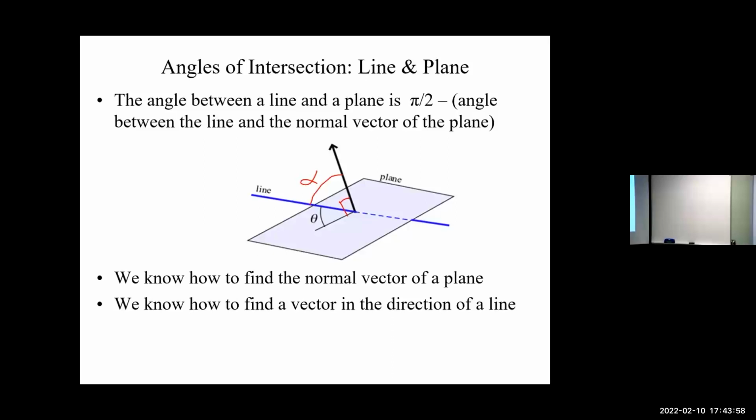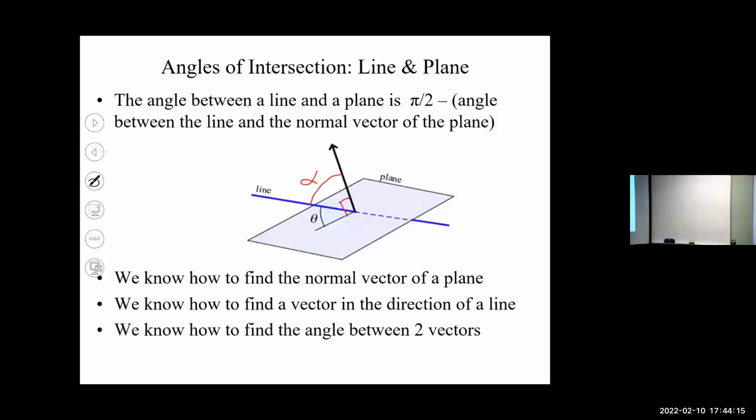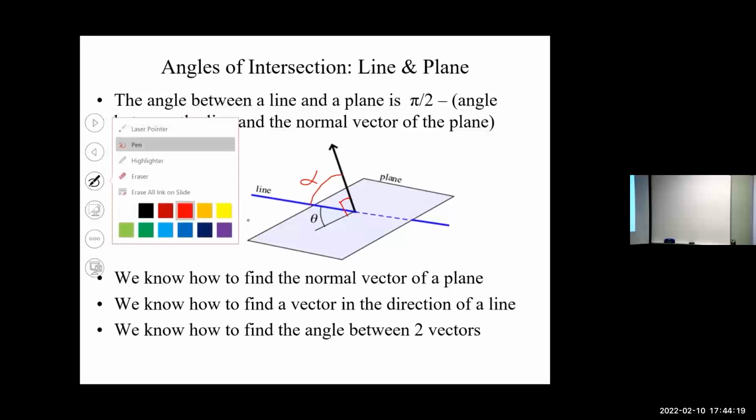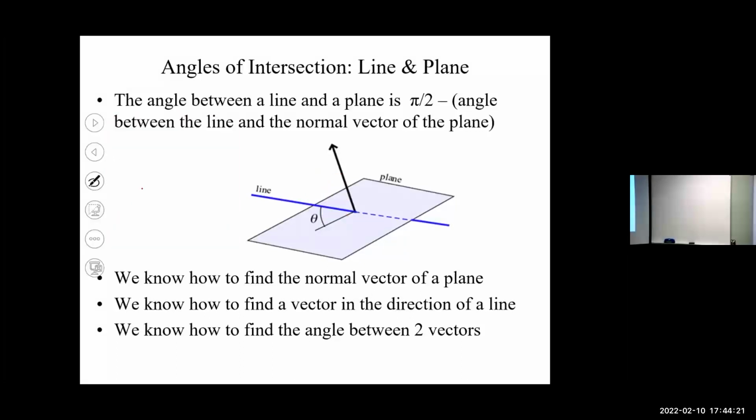We also know how to find a vector that is parallel to this line. So once we have those 2 vectors, then we're just doing the angle between 2 vectors, which is straight out of the dot product section. I think that was 11.4. All right. So not a brand new formula at all, just thinking about it a little differently.